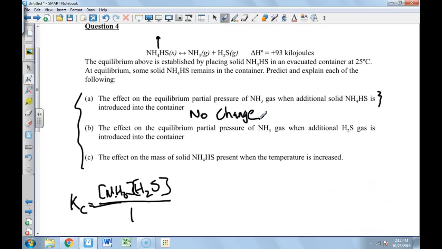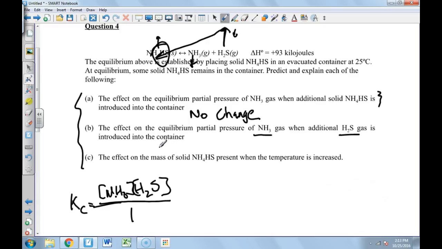Okay, so for question 2, it says determine the partial pressure of NH3 when additional H2S gas is introduced. When H2S gas is introduced, we have an excess, and this reaction is going to shift toward the reactants in order to relieve the stress of the extra gas that was added. So once we add it, the H2S is going to go down a little, and the NH3 is going to go down from there.